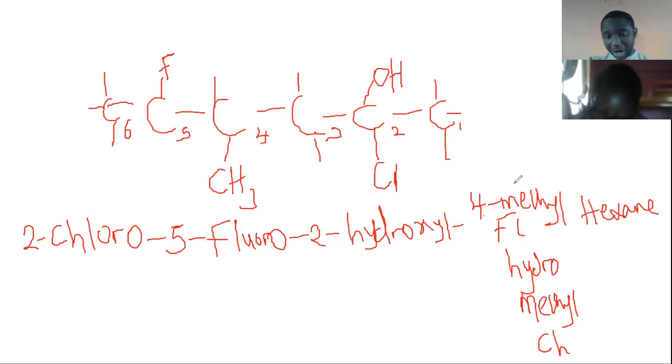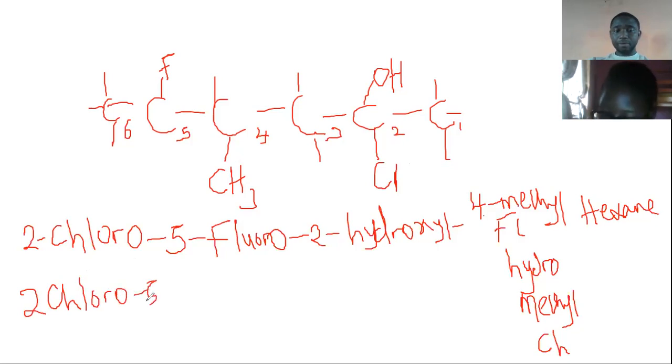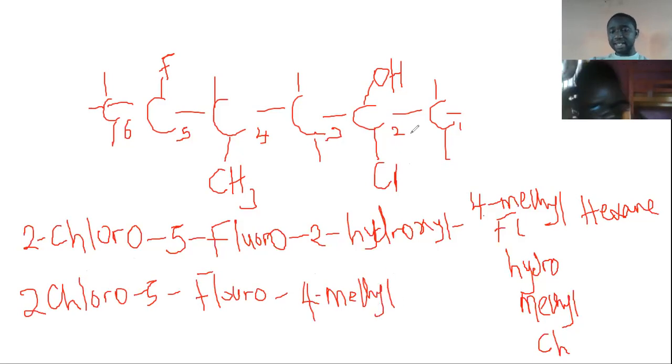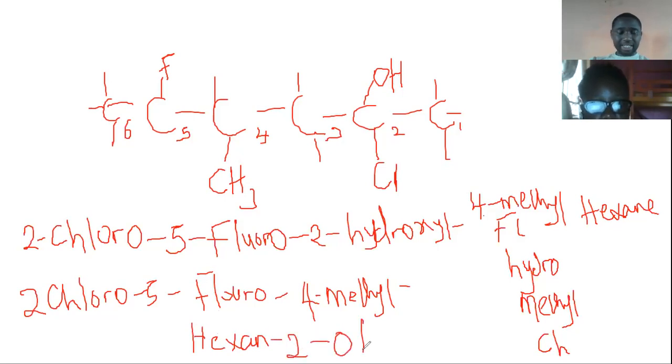But there's another way we can call this. This can also be 2-chloro, 5-fluoro, 4-methyl, then hexane, and this OH is on the second carbon, so I'm going to call it hexan-2-ol, because I told you this OH is an alkanol family.